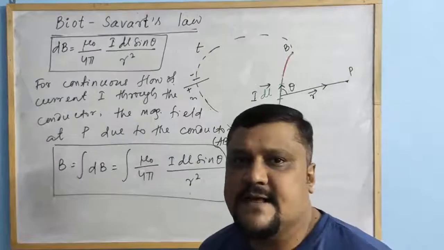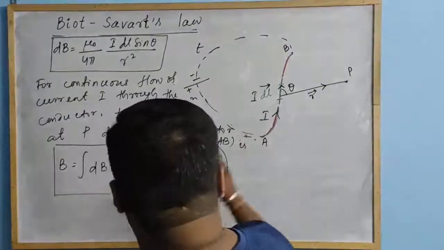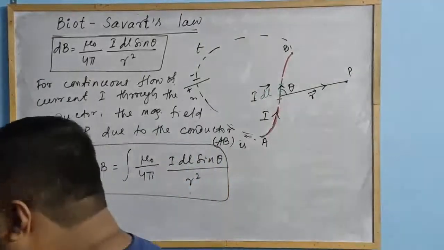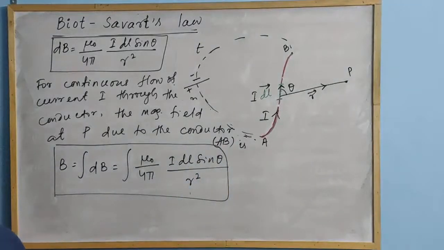Now we will write this in vector form, because we have considered the position vector and I dl is a vector quantity.